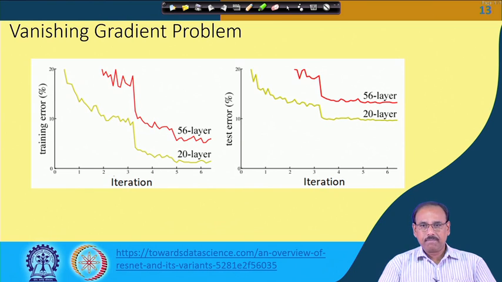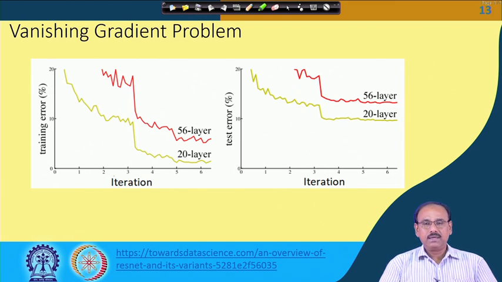As a result, the performance of the neural network should increase with the number of layers you go on adding. But the experiments have shown that this is not always true.